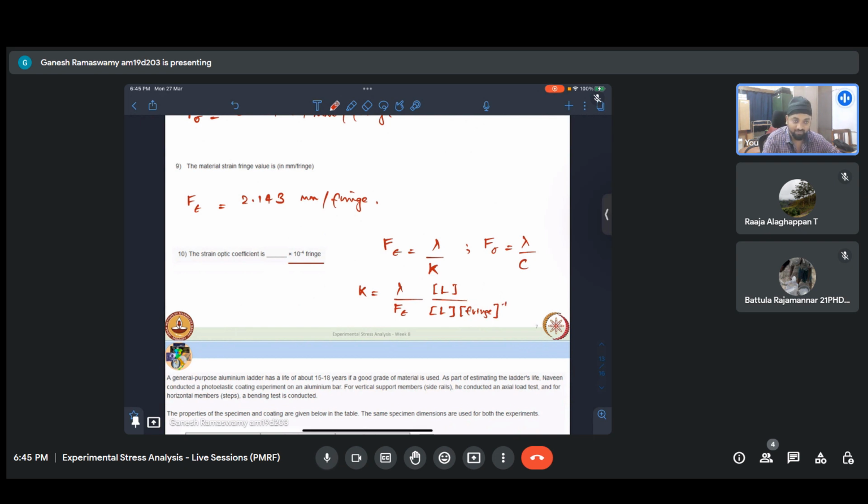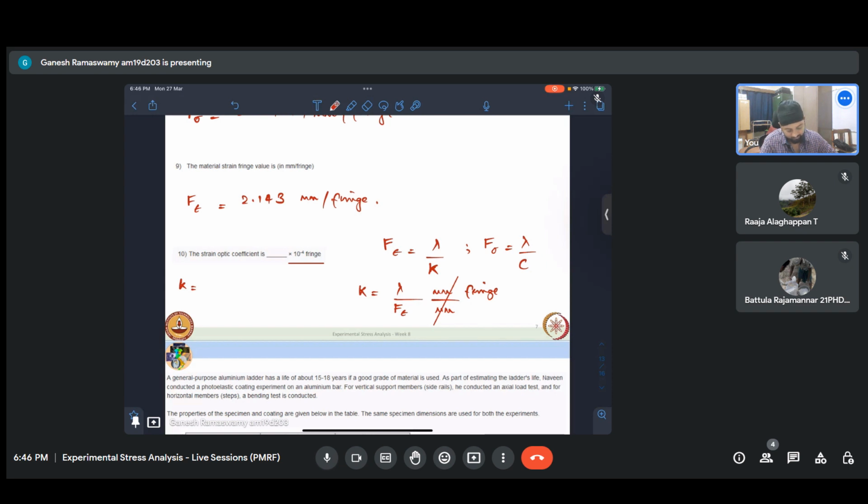Fringe is not any SI dimension. I'm just trying to emphasize the point that this will come out to be fringe. So mm per fringe, so this will just cancel out.